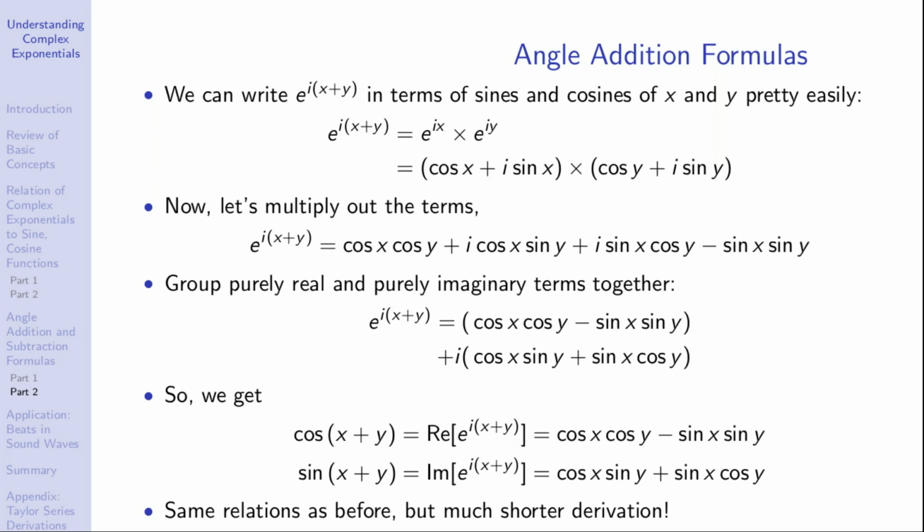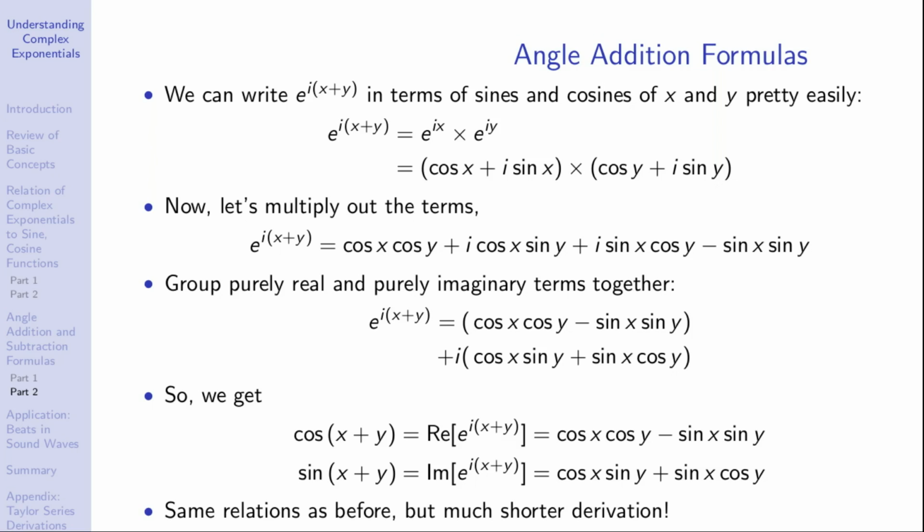So we get that e to the i(x plus y) is equal to the cosine of x cosine of y plus i cosine of x sine of y plus i sine of x cosine y minus sine of x sine y.